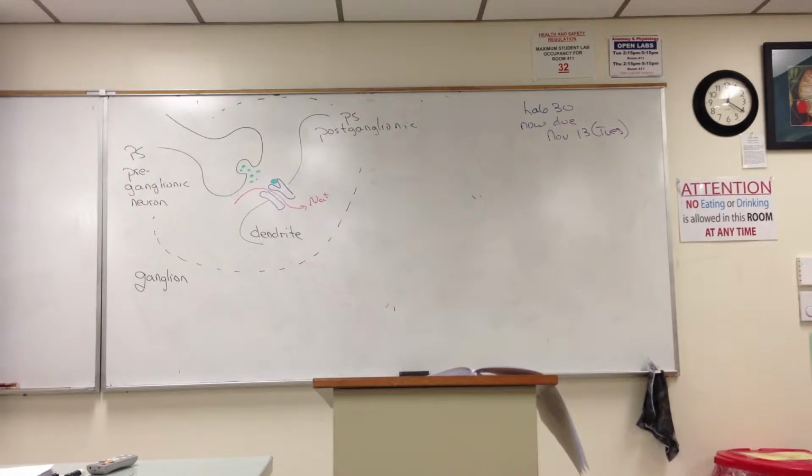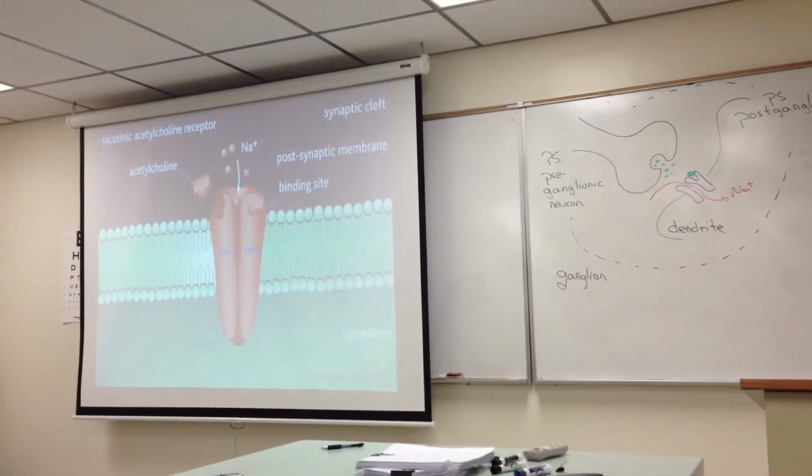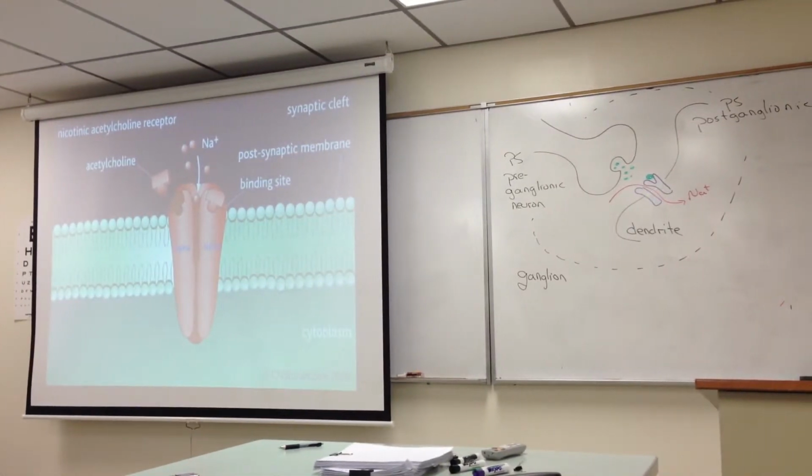Notice when we have an ionotropic receptor, the receptor itself is the ion channel. It is identified as a nicotinic acetylcholine receptor because in studying these receptors, scientists found that they preferentially bound the molecule nicotine, and it acted like acetylcholine to open the channel.